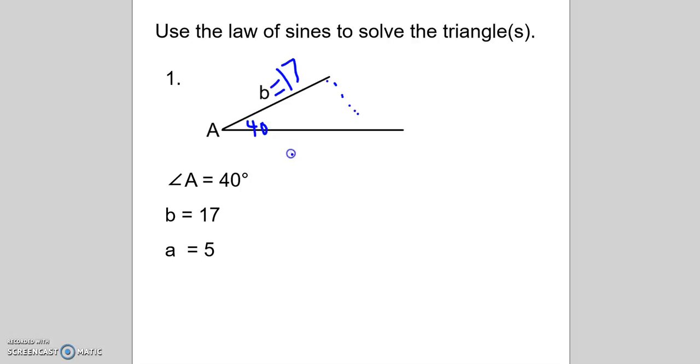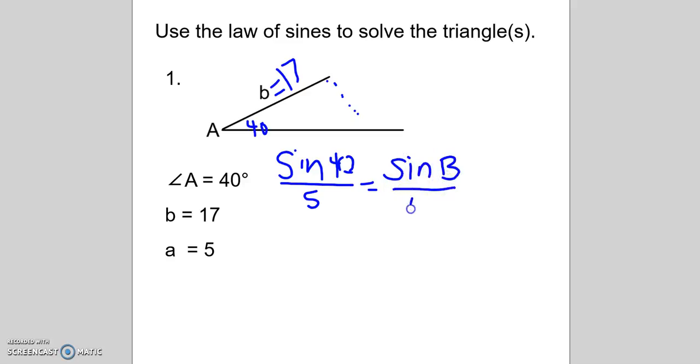So we can do the law of sines. We would have sine of 40 over 5 equals sine of B over 17. So here we're solving for what would be this angle, but we're not sure what it is right now.